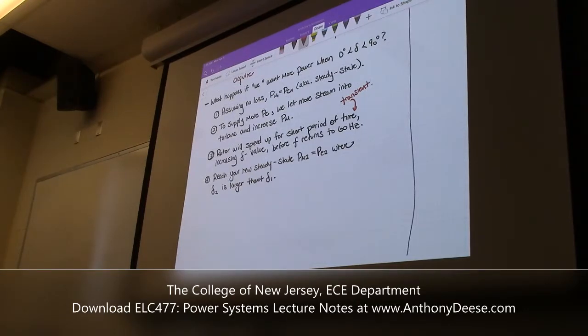Another issue, which we talked about a little bit last time, is that this is a very idealized case. No internal losses, the transmission line losses are zero. In reality, you would never get anywhere close to 90-degree separation between two adjacent buses and stay in stability. The value is much, much smaller, and you actually can't predict it without doing a much more substantive analysis.